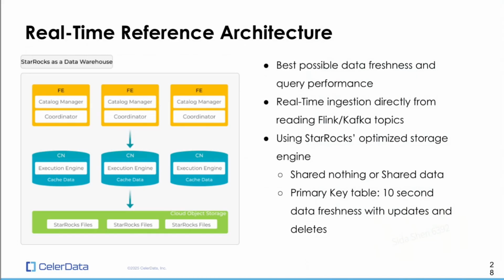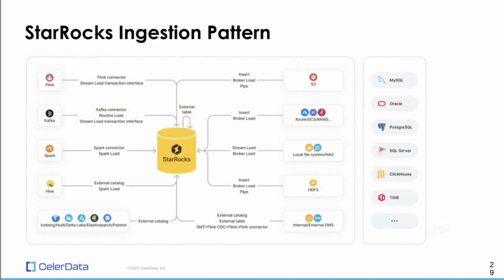Then you're able to ingest data directly from your Flink and Kafka, using the StarRocks optimized storage engine, either in a shared-nothing or shared-data way. You can utilize the primary key table to get 10-second level data freshness with upserts and deletes.